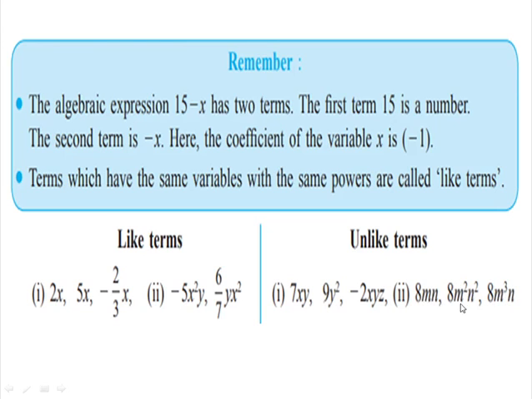Hence, we say that these three terms are unlike terms, because according to the condition, only if the terms have the same variables with the same powers are they like terms. Otherwise, if they have different variables or different powers, then the terms are unlike terms.